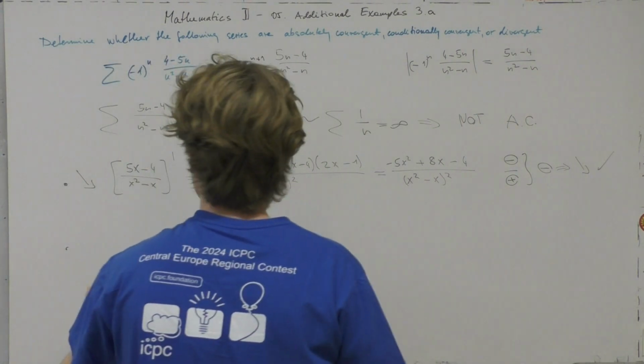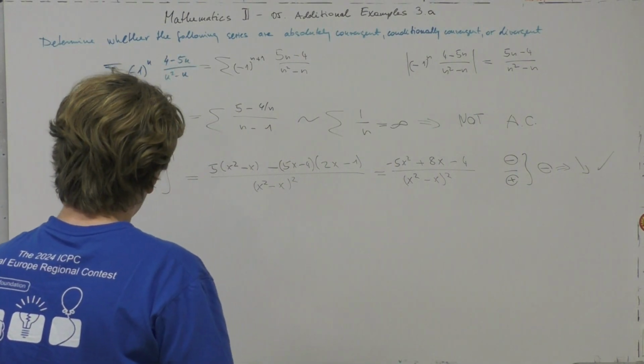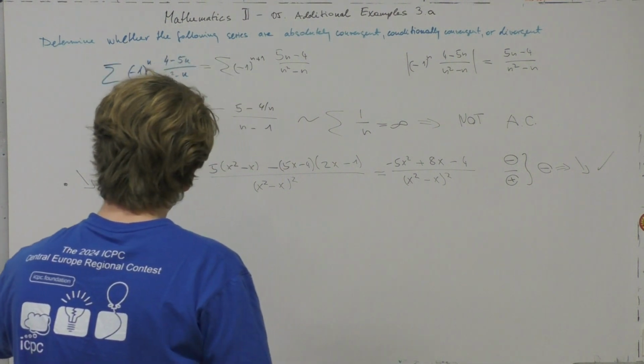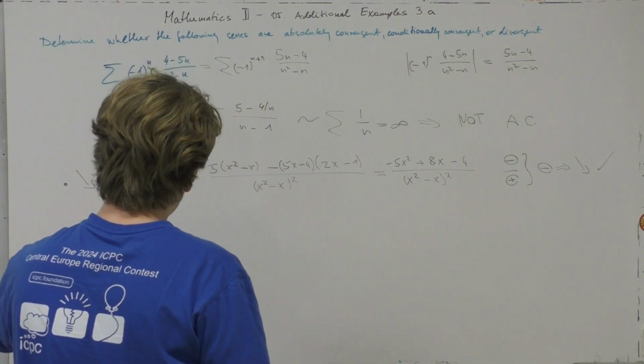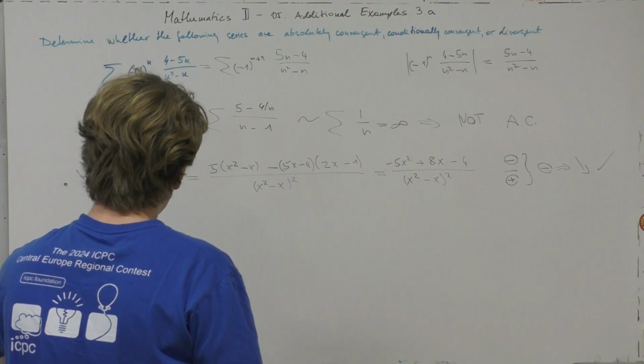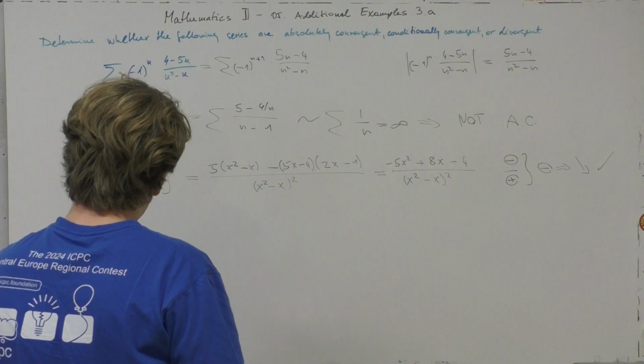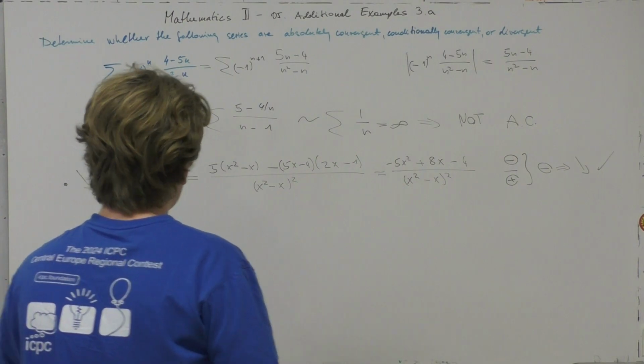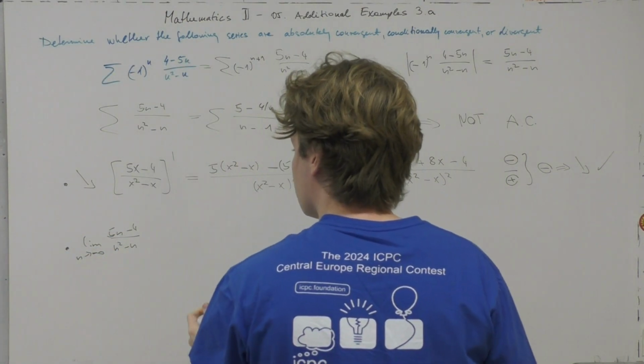The second condition is that the limit of the general term, the limit of (5n - 4) over (n^2 - n) as n goes to infinity, is 0. So let's calculate this limit.